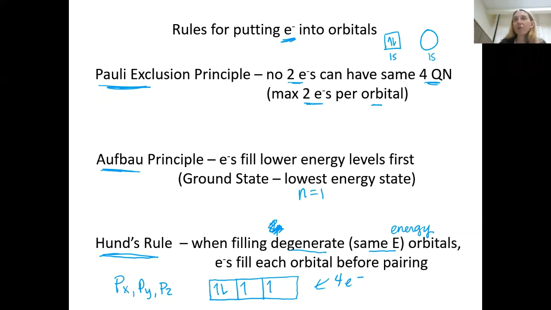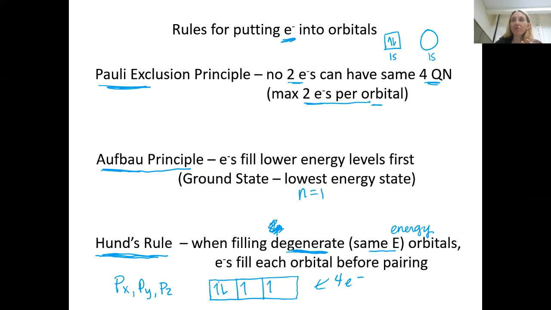So we can't put more than 2 electrons per orbital. We have to build from the ground up. So we start at n equals 1 and build up from there. And then we use Hund's rule to say, okay, when we're filling these orbitals in, I have to fill each orbital that's degenerate, or the same energy, before I start pairing those electrons.